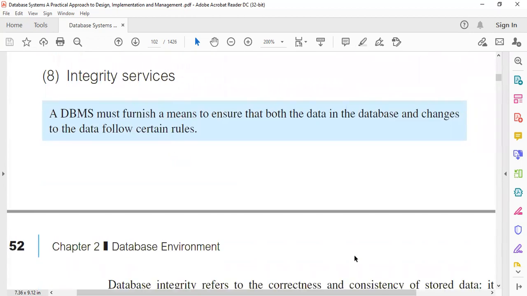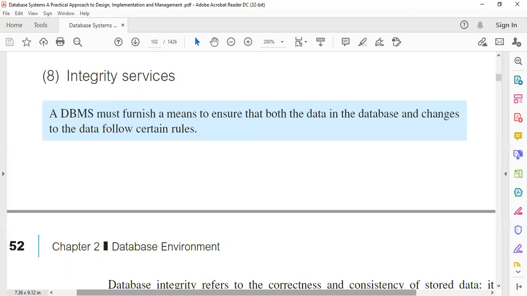The other function of the DBMS is to provide integrity services. A DBMS must be able to furnish the users with the means to ensure that both the data in the database and the changes to that data follow certain rules. And this is what we call the integrity constraints. You cannot make the changes on the database just anyhow.